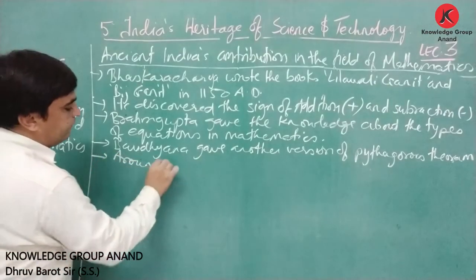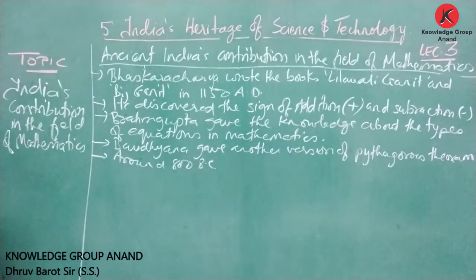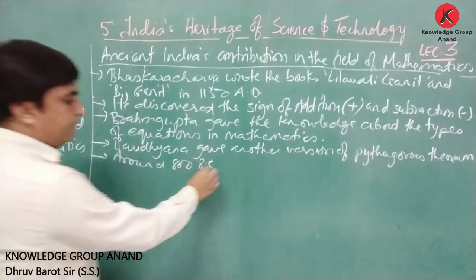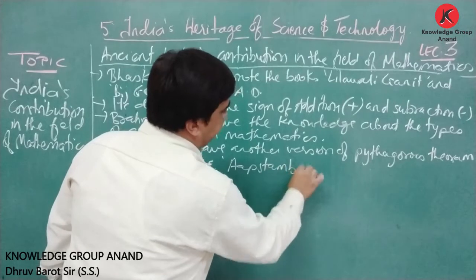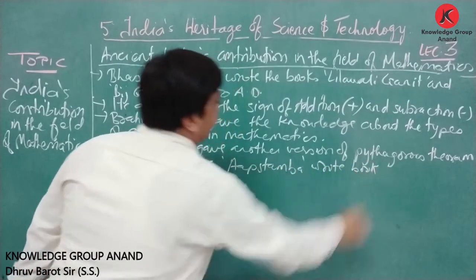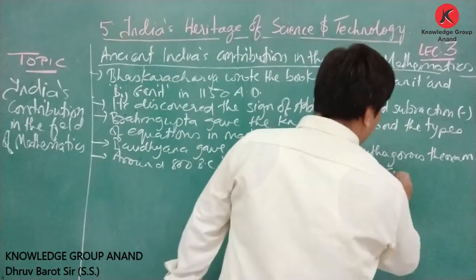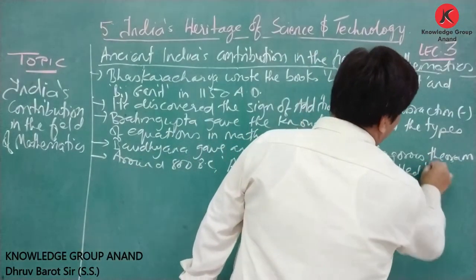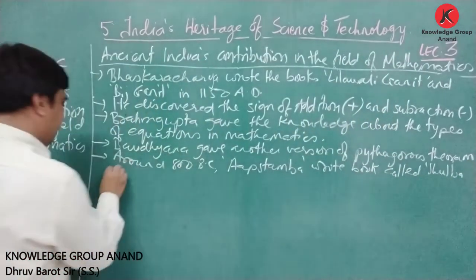Around 800 BC, Avstamba wrote a book. If we talk about Avstamba, he wrote a book called Sulba Sutra.